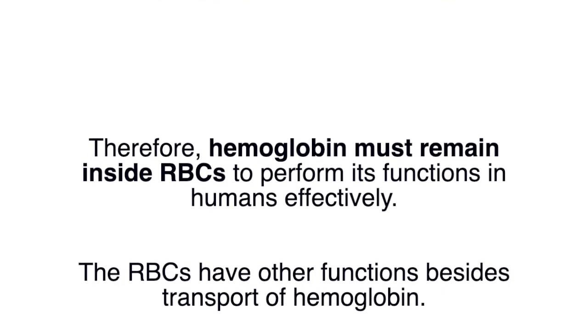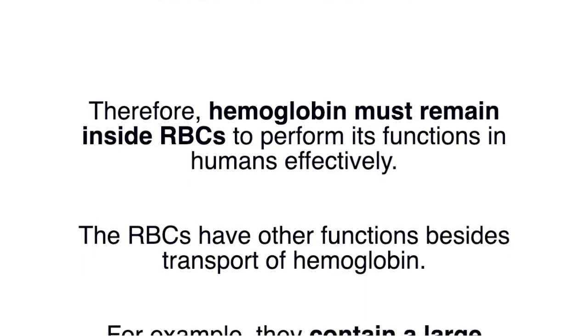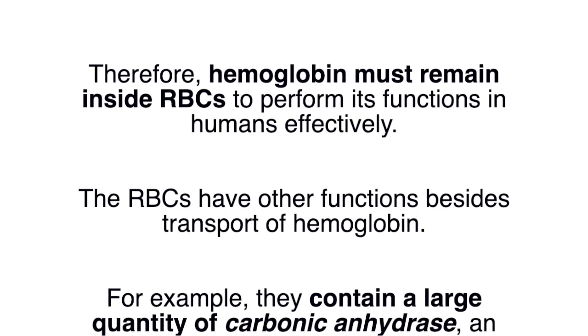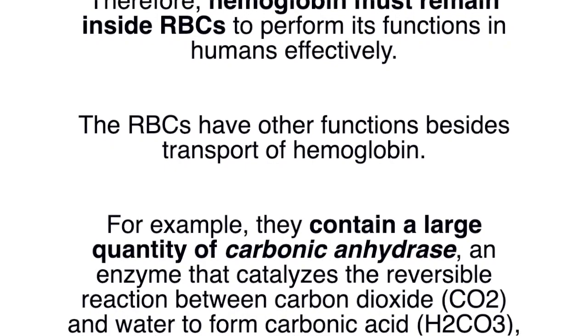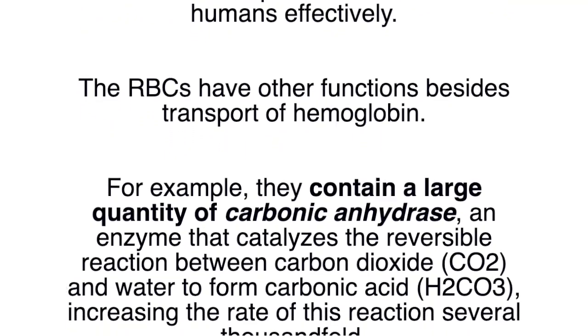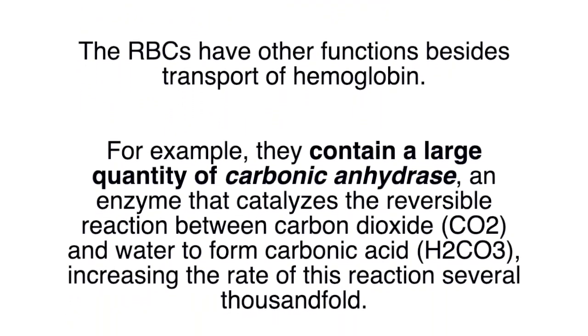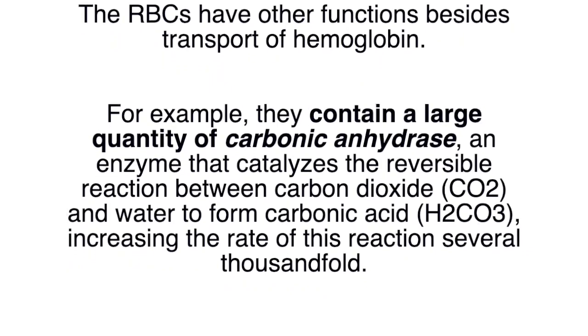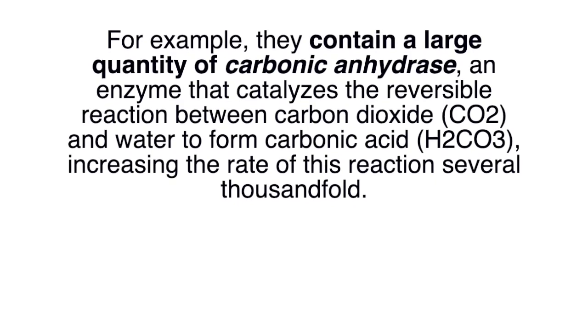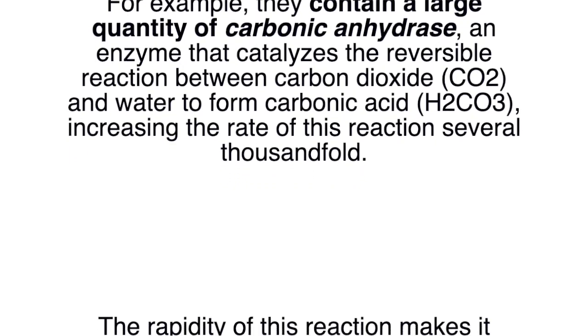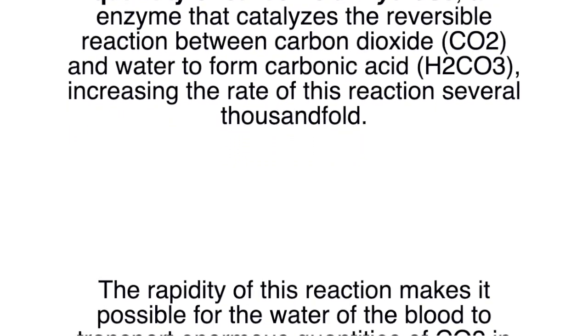The RBCs have other functions besides transport of hemoglobin. For example, they contain a large quantity of carbonic anhydrase, an enzyme that catalyzes the reversible reaction between carbon dioxide and water to form carbonic acid, increasing the rate of this reaction several thousandfold.